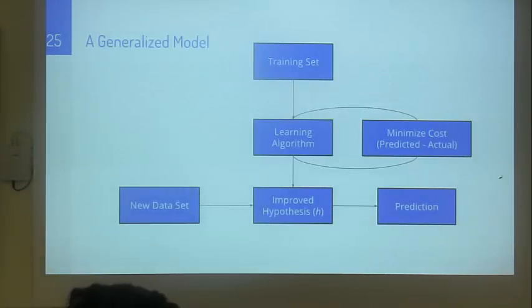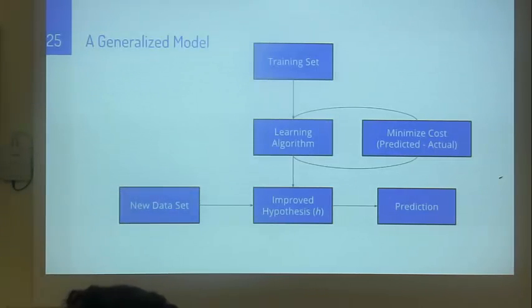Good. So every machine learning model can be described as something like this. This is a generalized thing. You have a training set. Forget about the unsupervised part. You have a learning algorithm which improves your cost over time: you minimize the cost, feed it to the learning algorithm, and minimize it again and again, and you give out an improved hypothesis.